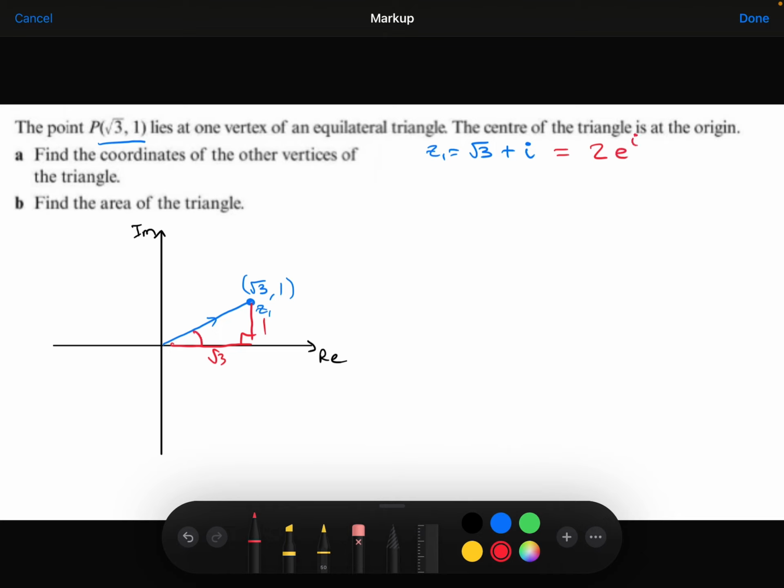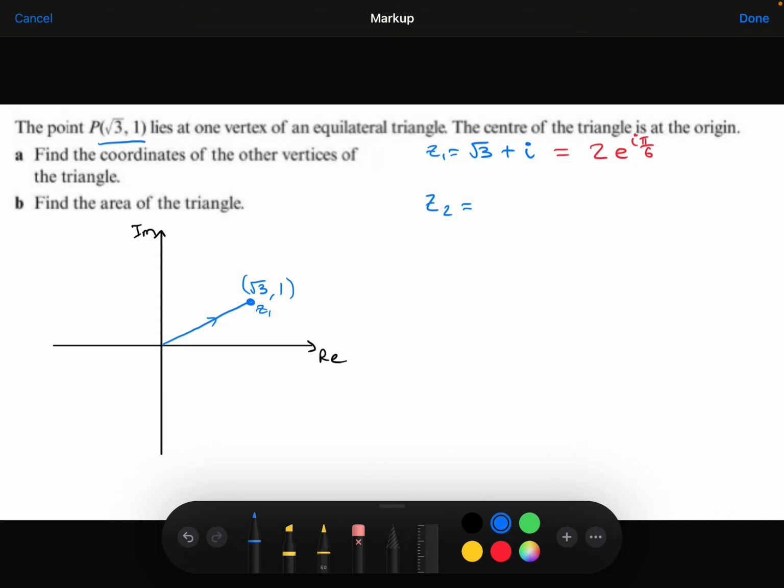So tan theta is equal to 1 over root 3, so the argument there is pi over 6. So now I've got my first root of the equation, whatever that equation is.